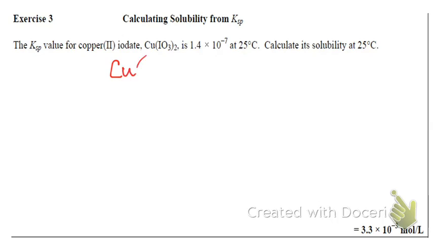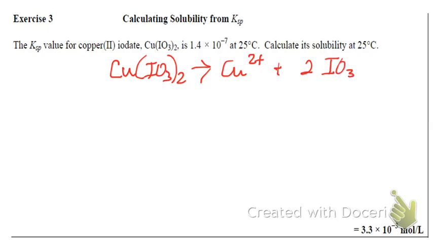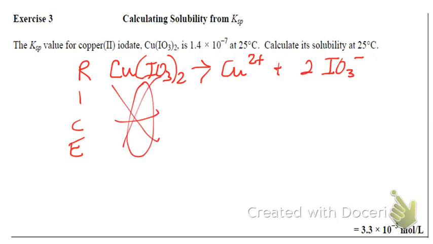So we're going to do our ICE table. We have Cu(IO3)2. When it dissociates, it's going to give you Cu2 plus plus 2 IO3 minus, which is iodate. So there's our R for our ICE table. This is going to be constant throughout, so we can ignore it because solids do not appear in the equilibrium expression. Initially this is 0 and this is 0.